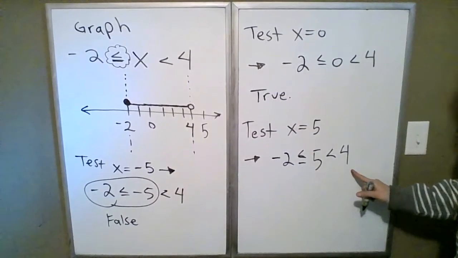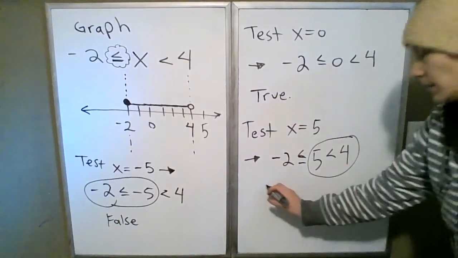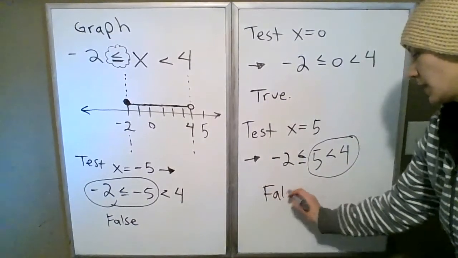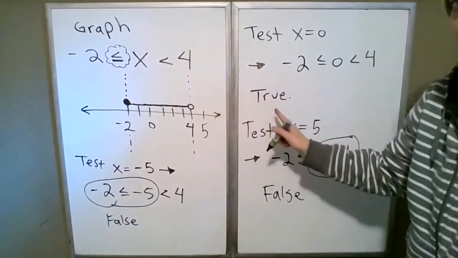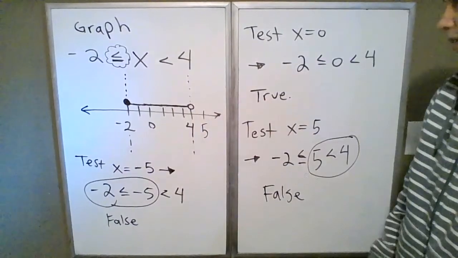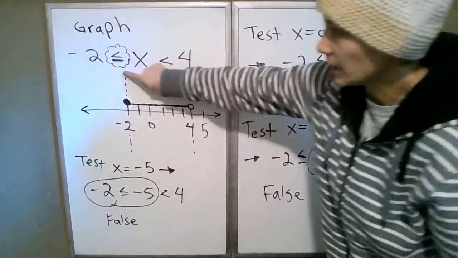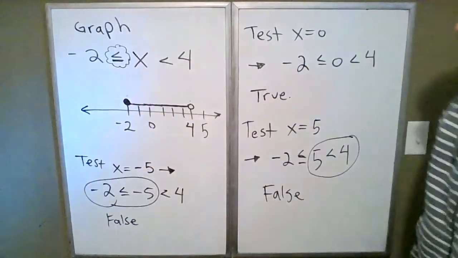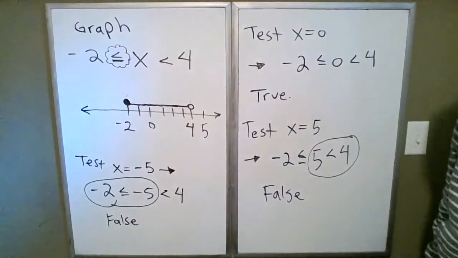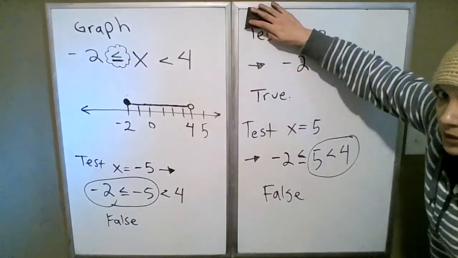The solutions make the whole statement true, so this statement would be false. And you know that you're not going to shade any values past 4. And also you can erase this part where I split up the number line. We've gotten the solution section. We're going to do one more like this and then talk about interval notation.